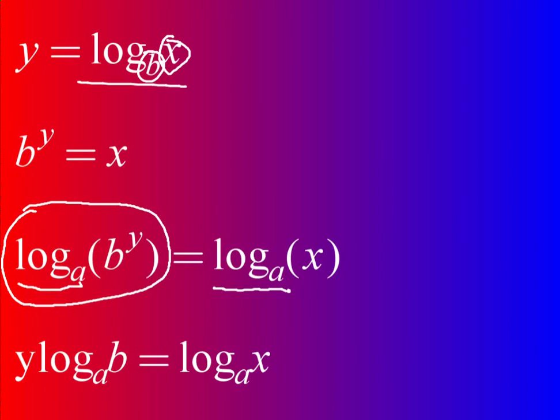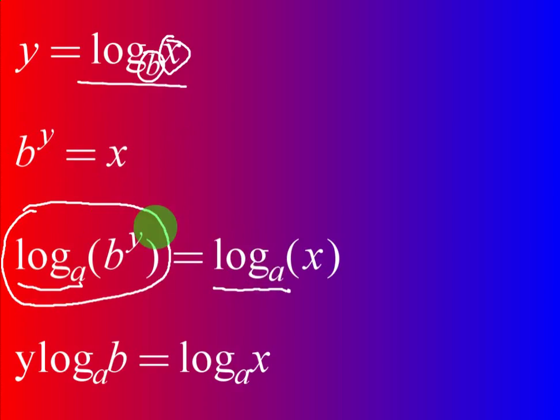This is a little proof. Let's say y equals log base b of x. So in our example 10 and 11, where we can't solve it, we can convert this to an exponential, b to the y equals x. The next thing we're going to do is take log base a of both sides, so a different base other than b.